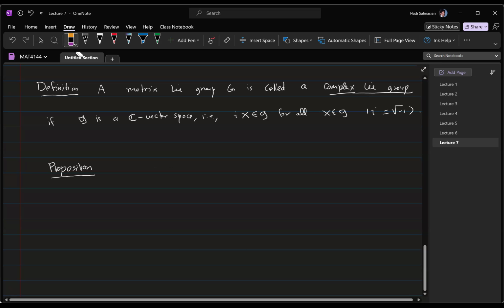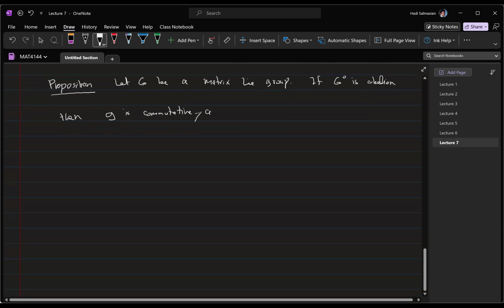G is a matrix Lie group throughout this course anyway, unless otherwise stated. So let G be a matrix Lie group. If G naught is abelian, rather commutative, then the Lie algebra is commutative, or abelian. We can call it abelian in the algebra, that's fine.